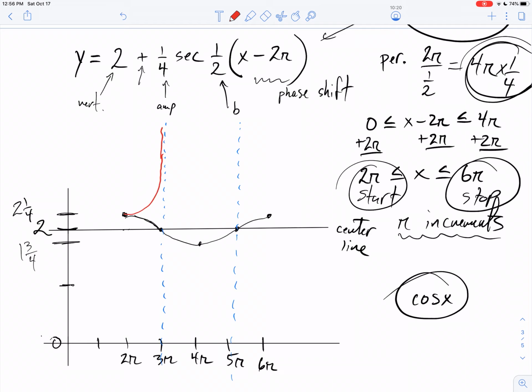So this guy right here, this guy right here, this guy right here. Now, that is one period of my function. That is, my period should start at 2 pi, end at 6 pi.